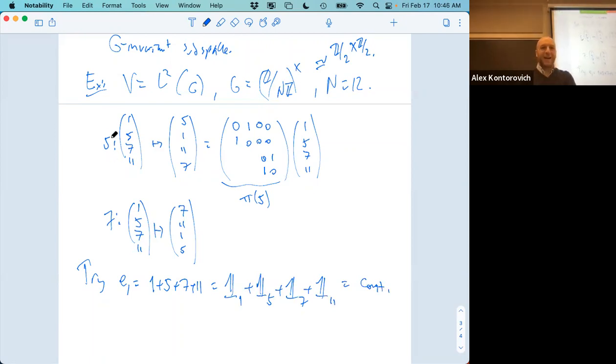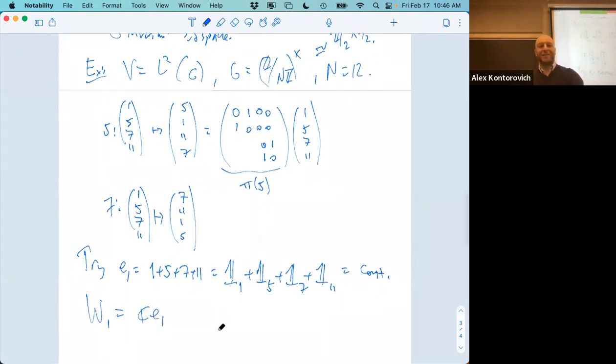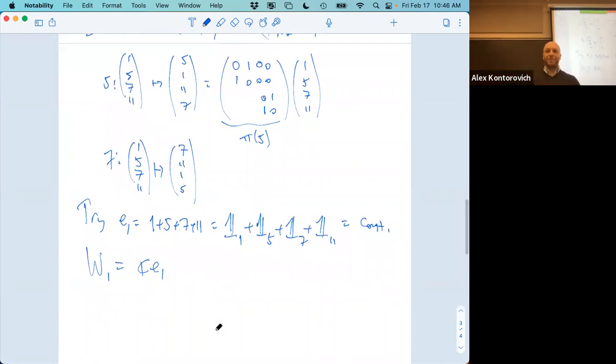Well, any element of G just permutes things. And so if I added them up to begin with, this is the subspace with eigenvalue 1. Right? So this is invariant. What's this? This is the space W1 generated by E1.